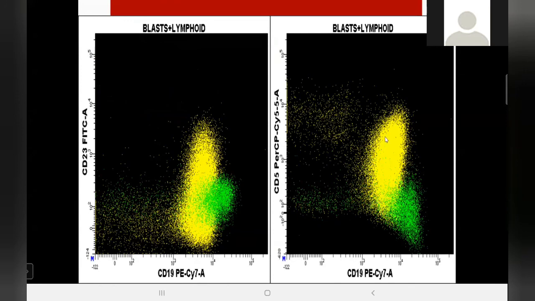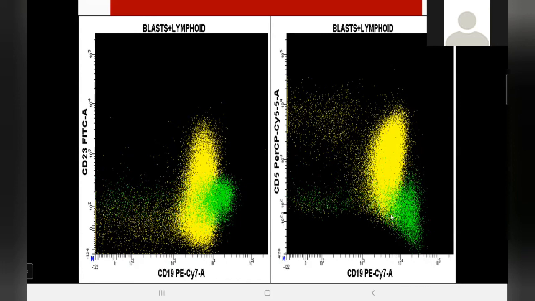So the CLL population, is it CD5 positive or CD5 negative? Ma'am, positive. Right. It might be a little confusing for some people who have not done CLPDs, but remember that the abnormal CLL cells are CD5 positive. So clearly we see the CD5 positivity here and also 23 positivity, which shows us that they are CLL cells.